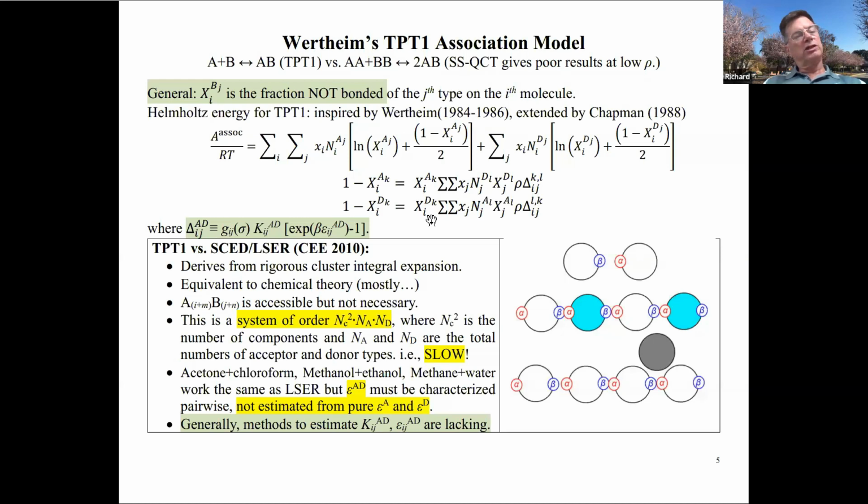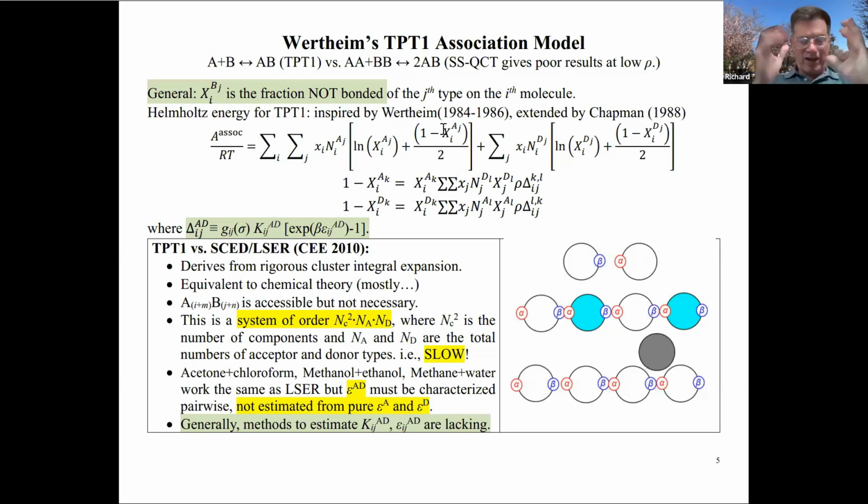Well, when you look at TPT1 theory, in some ways it's not so different. It has the same picture of these acids and bases being very short range and stereospecific, but Wertheim gives a very mathematical definition of what this bonding volume is and what that association energy is, and it comes out basically in this form, where these X's describe the fraction of the bonding sites that are not bonded.